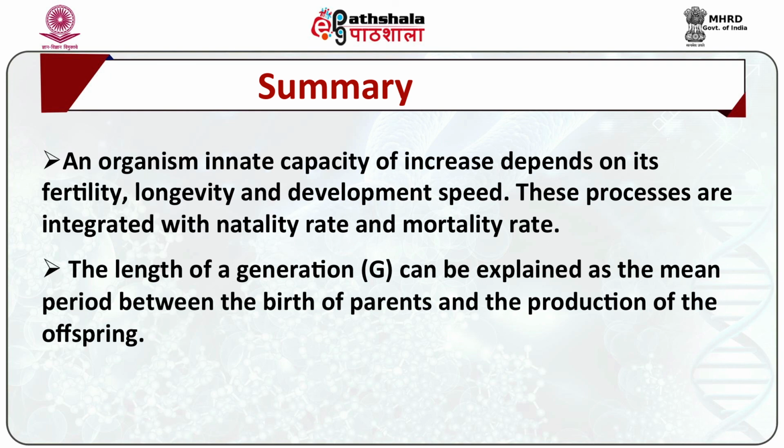These processes are integrated with natality rate and mortality rate. The length of a generation, capital G, can be explained as the mean period between the birth of parents and the production of the offspring.